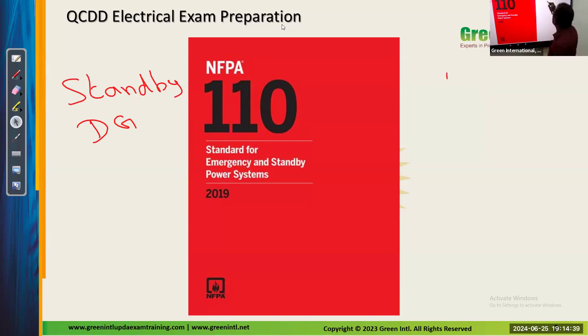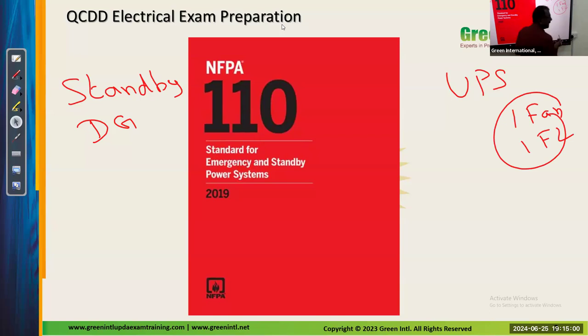In my town, I have a 2 hour power failure. In your town, you may have 1 hour or 4 hours. My requirement is 1 fan and 1 tube light. From this we can find the connected load, the actual power load we need. Say for example 1000.